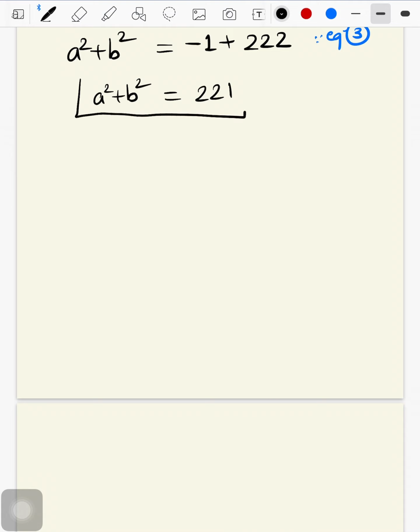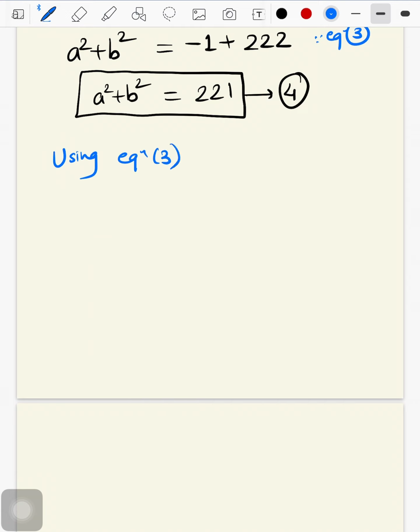This is again one more equation, so we are taking it as equation number 4. So till now we have 4 equations: 1 and 2 are the given equations, equation 3 is of a plus b, and equation 4 is of a square plus b square.